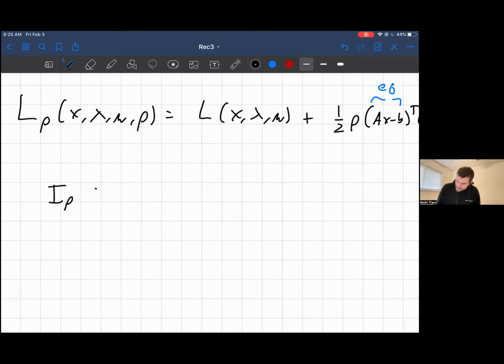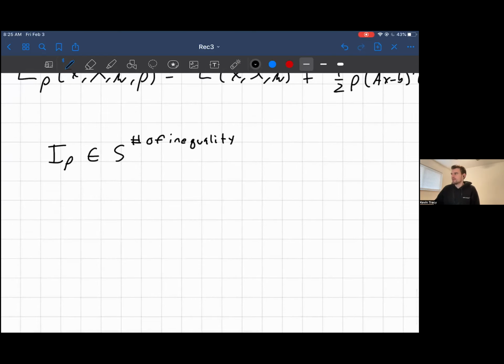I_rho is a symmetric matrix, and it's going to be the same dimension as the number of inequalities. If you come from Python and like doing things in a vectorized way, I'm going to urge you, when you create this matrix, not to try something clever, but to do something very simple and less efficient that will guarantee you get the right answer.